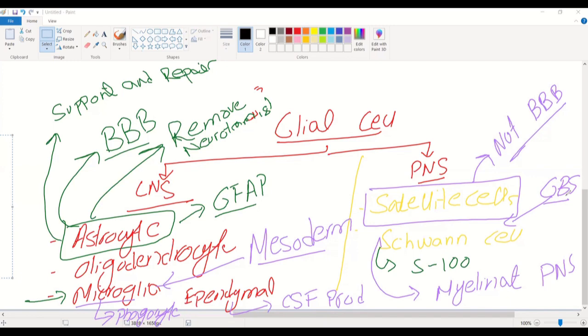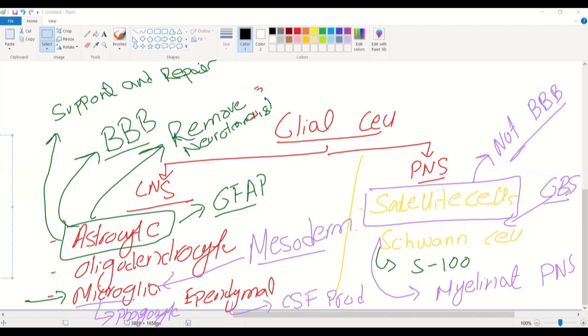GBS is associated with which microorganism?